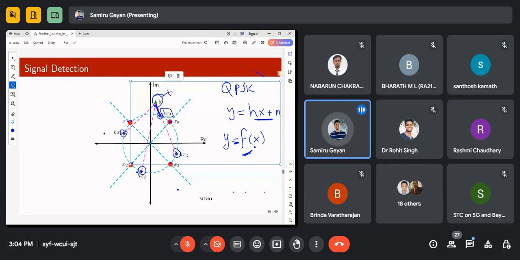So can we do this kind of thing using machine learning? If we do it in that manner, what can we do?